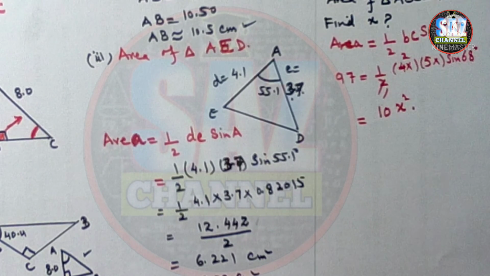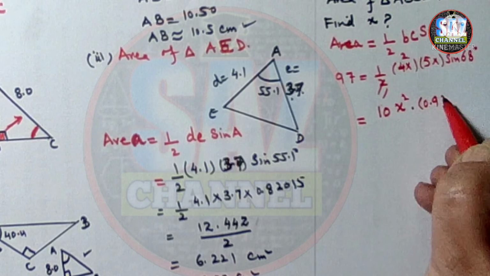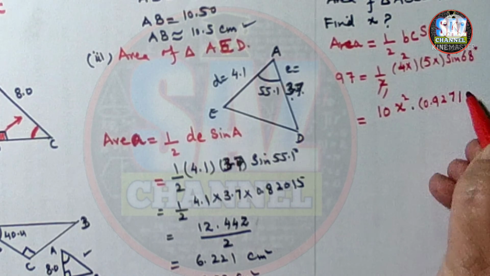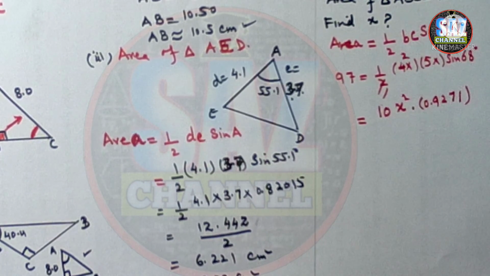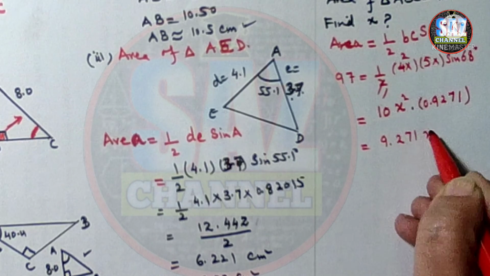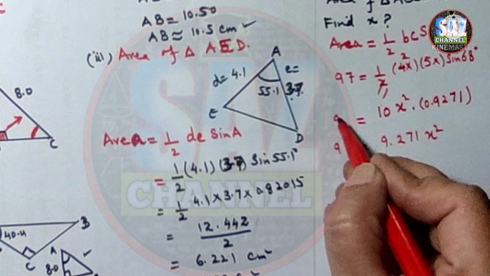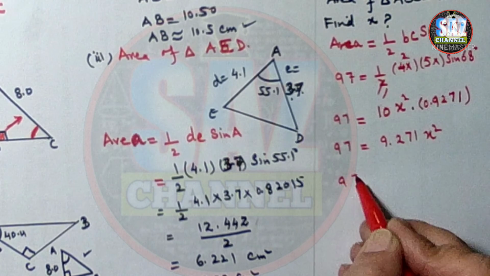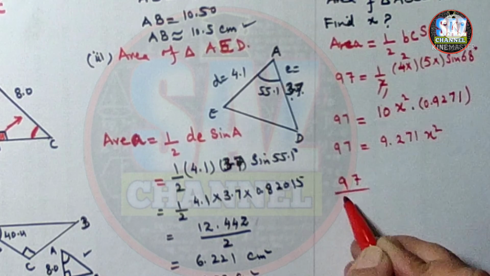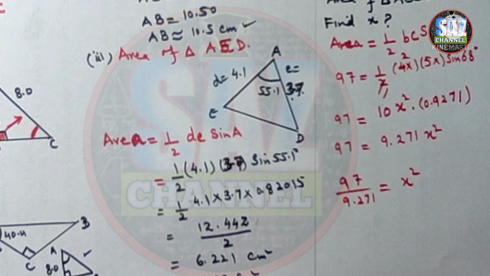Sine 68 degrees is 0.9271. 0.9271 multiplied by 10 gives me 9.271 x square. Now we have the area over here, 97 upon 9.271 equals x square.